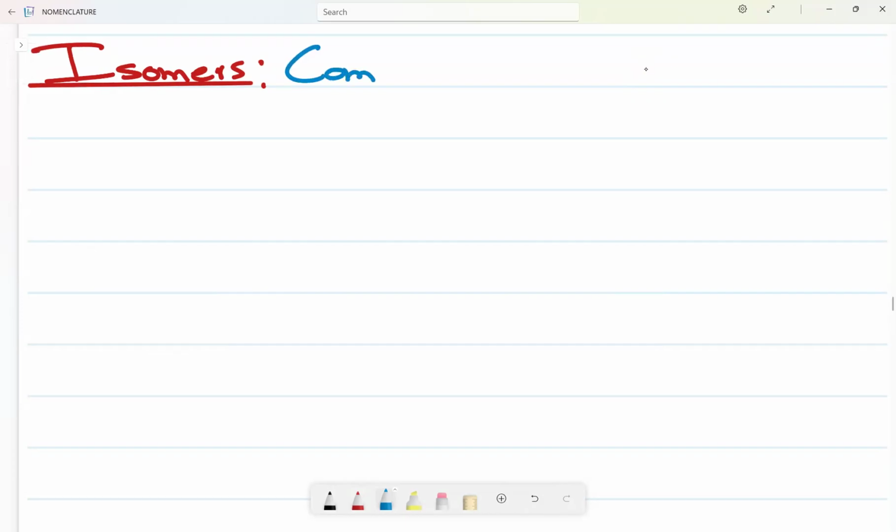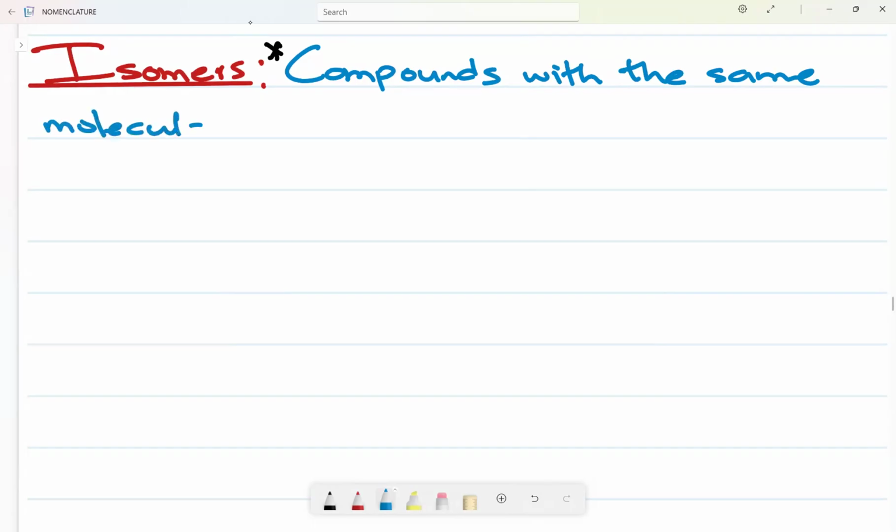Isomers are compounds, actually, organic compounds or just compounds will be fine, with the same molecular formula but different structural formulas.